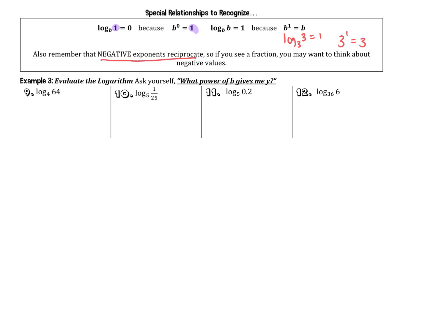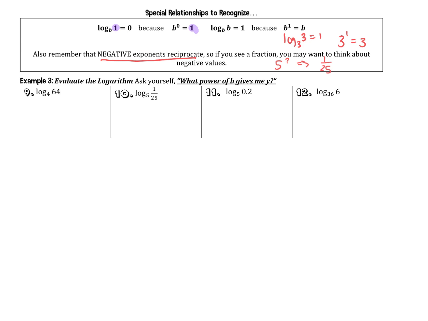That's how it's possible for me to go from 5 to the power of something and then end up with 1 over 25. So if you see a fraction, that may be an indication that you need to use rational exponents or negative exponents. If you see a number getting smaller, again, that might be a reason that you might be thinking fractional or negative exponents.